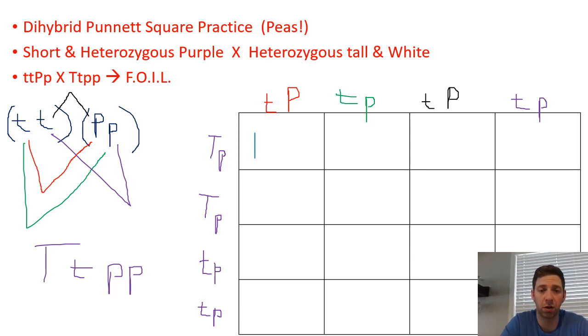I just think it's quicker to do that. And so I'm going to fill out all of the height alleles first. Always write, for any heterozygous, always write the dominant allele first.